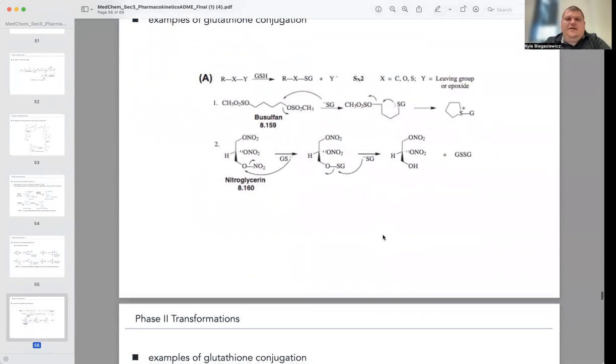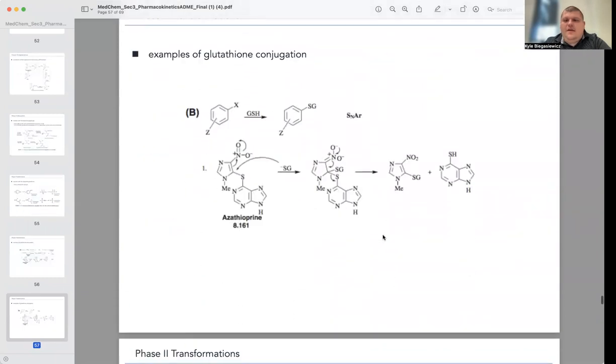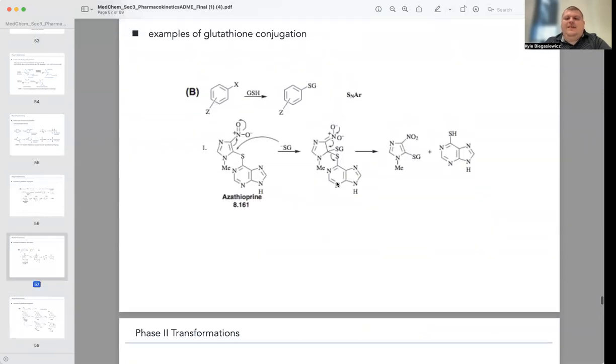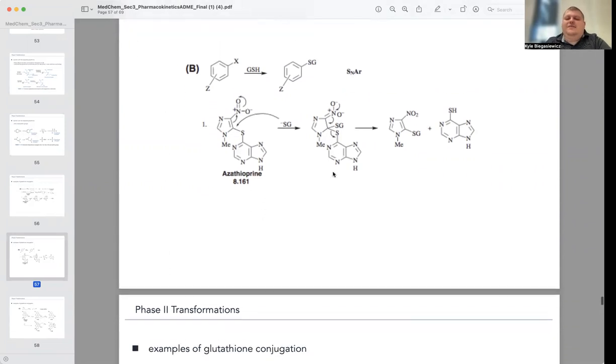You don't really need to look at 56, I don't think. 57, these SNAr type reactions you likely won't see. I don't think it's on your exam, although not a bad idea to look at this. This will definitely appear on an exam at some point, so not a bad idea to get that down.